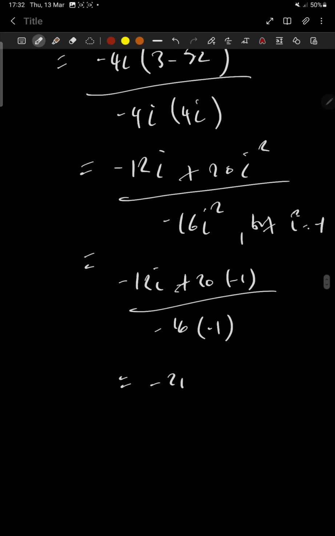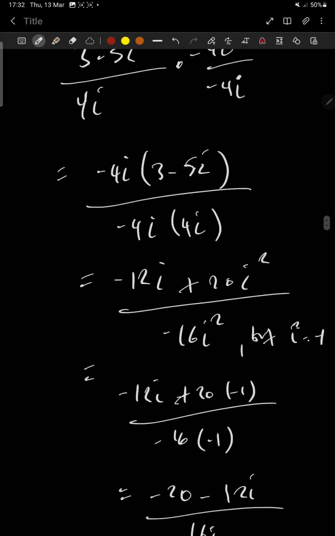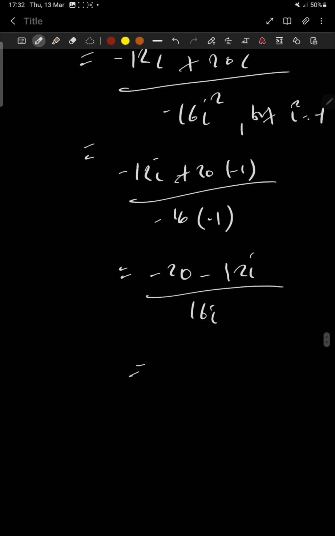And this will be negative 20 minus 12i over 16, positive, isn't it? Then here you can factorize. What is common here is 4. You can factorize negative 4, you remain with 5 plus 3i over negative 16, not i here, the i has gone.